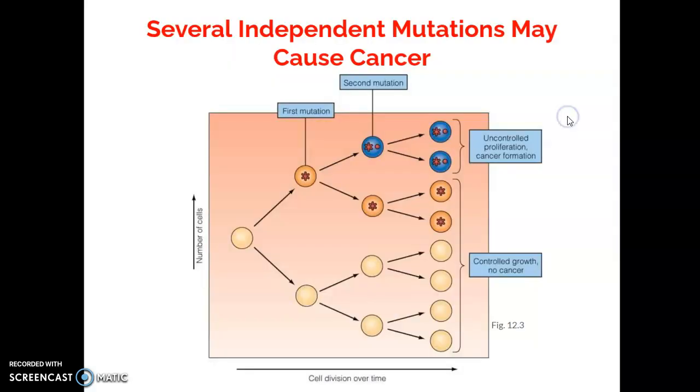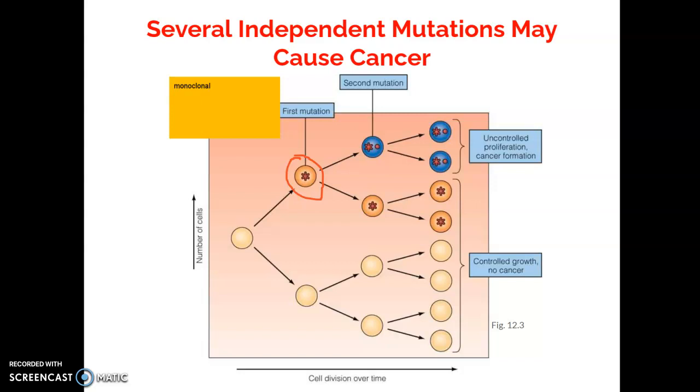Now, for me though, I want to talk to you again about the cancer cells and the number of mutations in the cells. This is an example where the cancer cells will be what we call, and I'm going to write it out right here, nice and big, monoclonal. Monoclonal means it's starting with one. So if we go here, we see a first mutation in one cell, while the other line is perfectly fine.